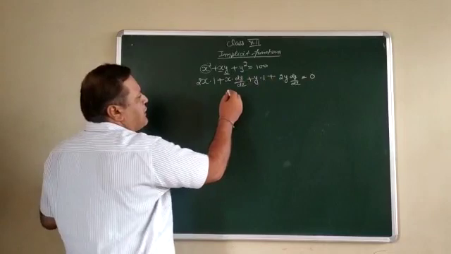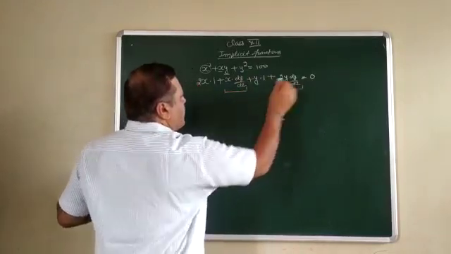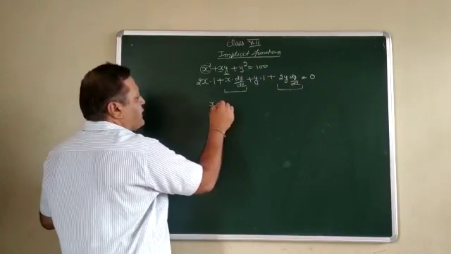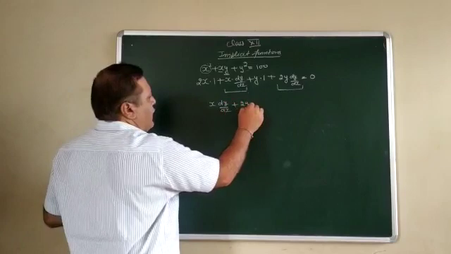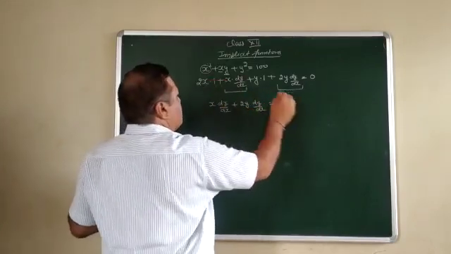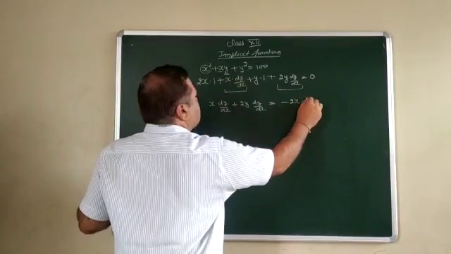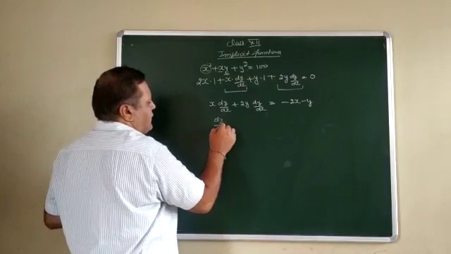Now separate the value of dy by dx. It is x into dy by dx plus 2y into dy by dx. X into dy by dx plus 2y dy by dx is equal to minus 2x minus y. Now dy by dx is common.